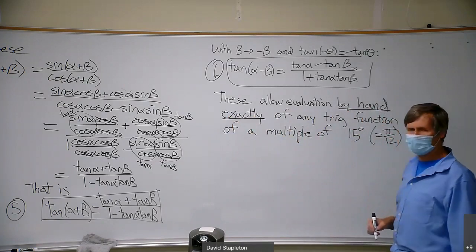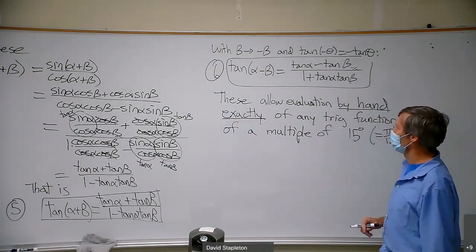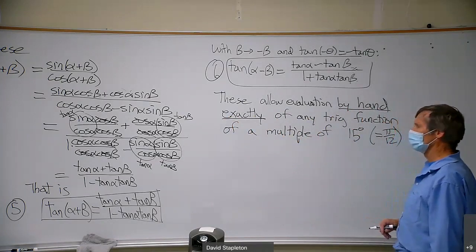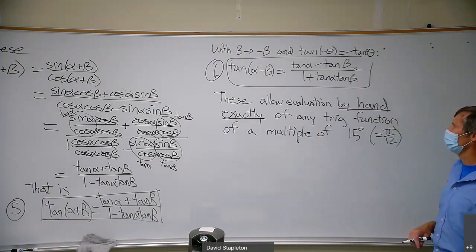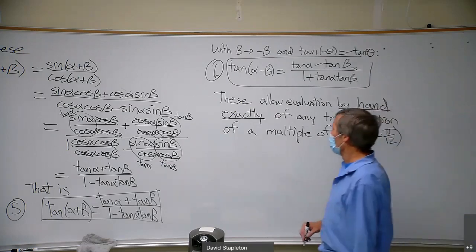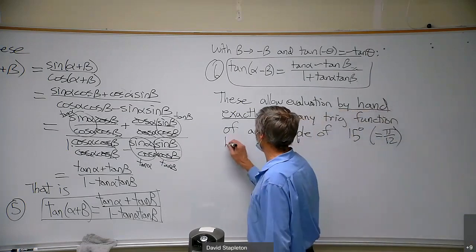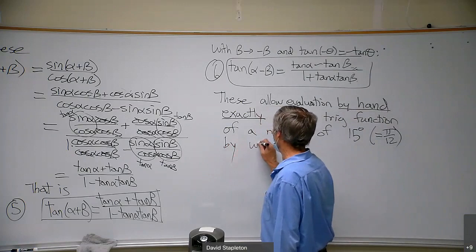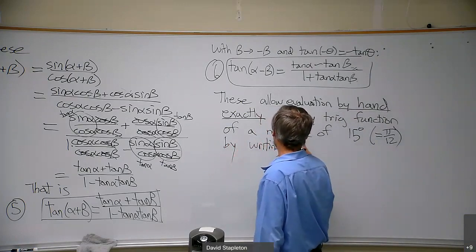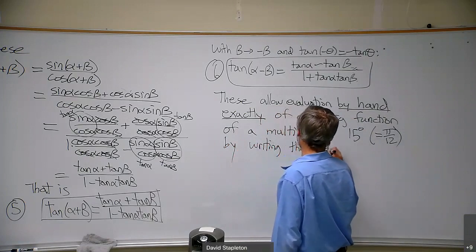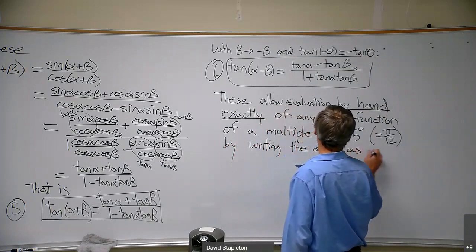We only did sine, cosine, and tangent. Can you imagine what we do for the other three? We use the reciprocals. If we want cotangent of alpha plus beta, we take 1 over the tangent of alpha plus beta. But the trick to doing these is a one-step method: writing whatever angle we want that's a multiple of 15 degrees as a sum or difference of special angles.